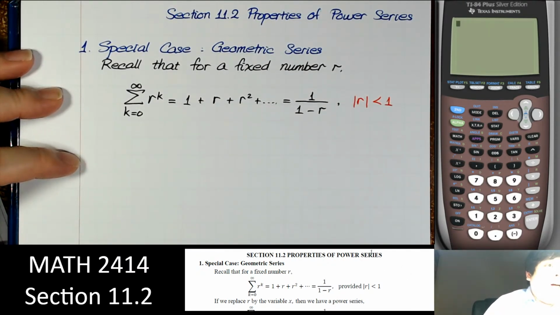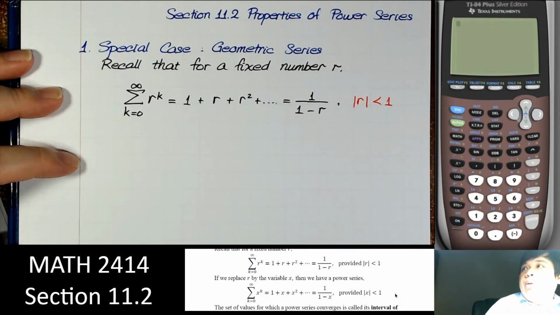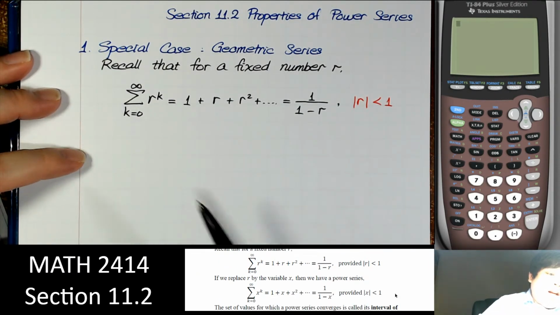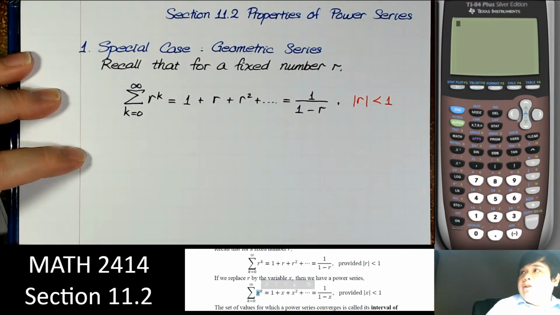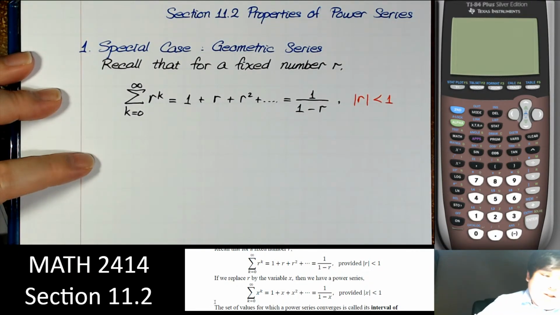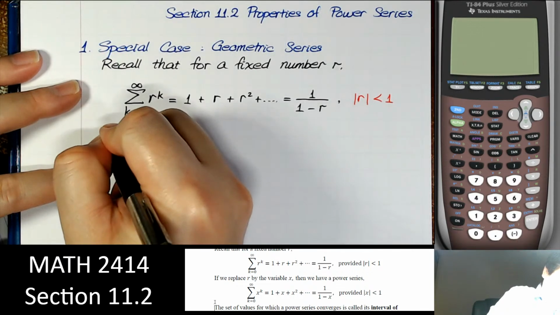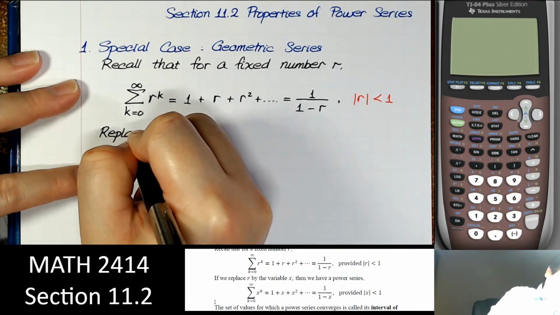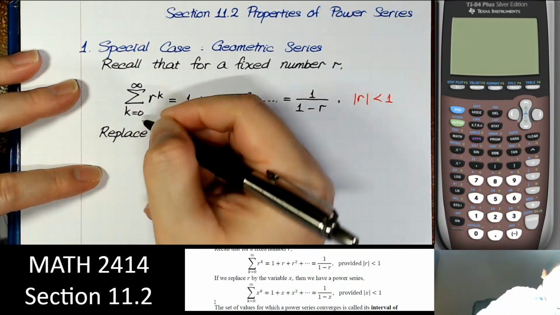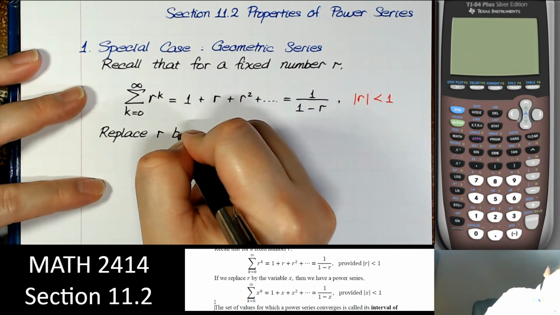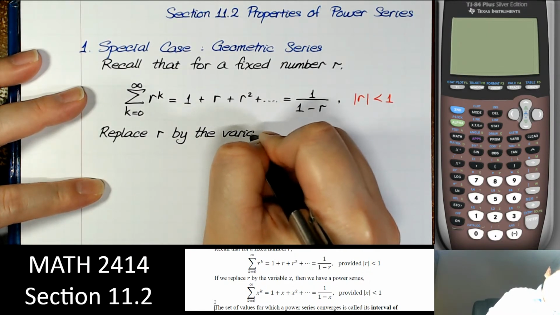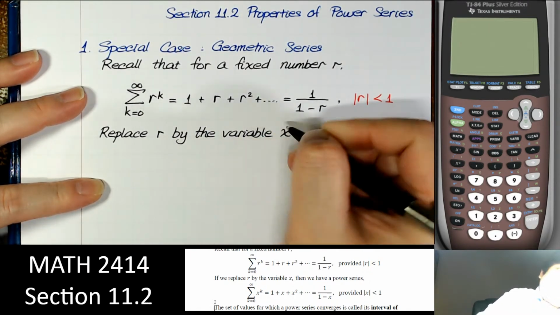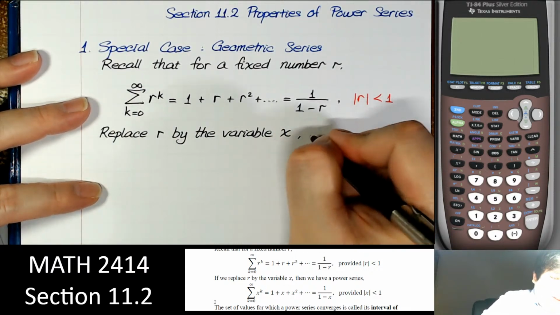I should pay attention more. Right, now if we go to a power series, instead of a fixed number R, we replace that with an X, which is a variable. Now replace R by variable X. Then we have the same thing.